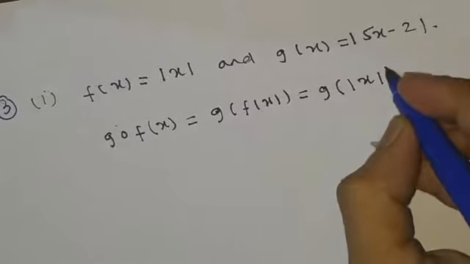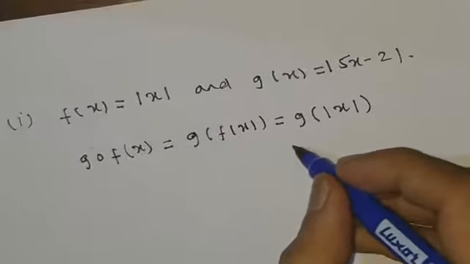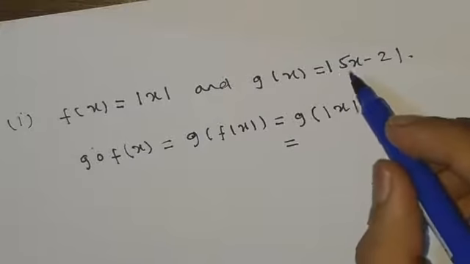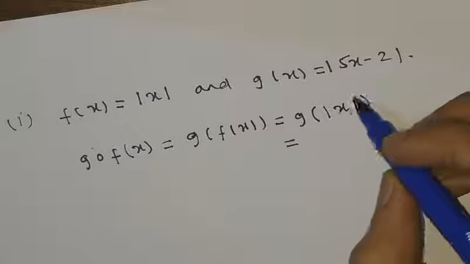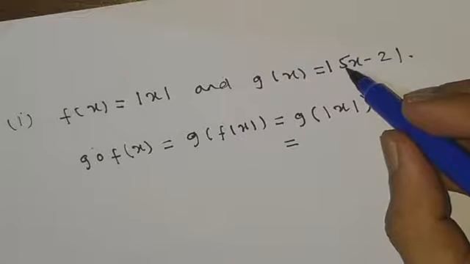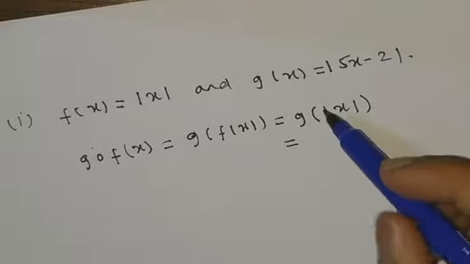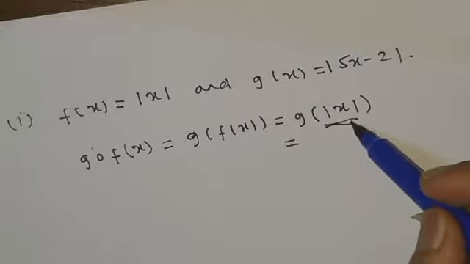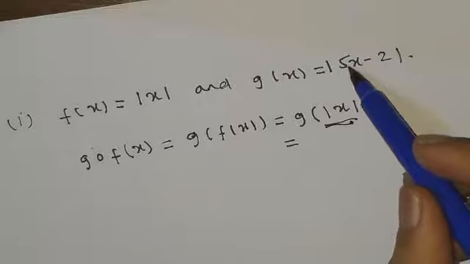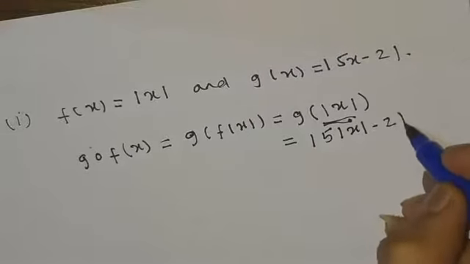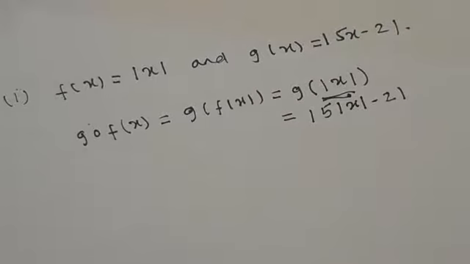So g of modulus of x you will get. So this will be equal to, now g of x is equal to modulus of 5x minus 2. So you have to just replace x by modulus of x here. Okay. So you will get modulus of 5 multiplied by modulus of x minus 2. Okay. So that will be the function g composition f.